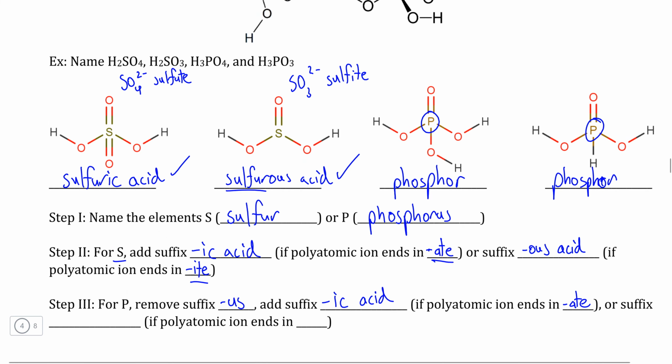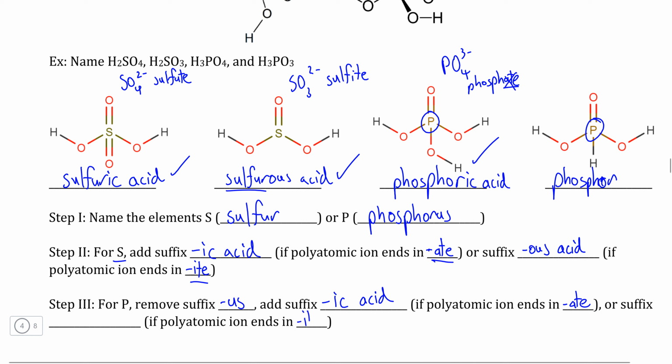Now, if you look up on your periodic table, this polyatomic ion, P with 4 oxygens here and a -3 charge, is the polyatomic ion phosphate. So we replace the suffix of phosphorus with ic acid, and this acid would be pronounced phosphoric acid rather than phosphic acid if we were to follow the rules.